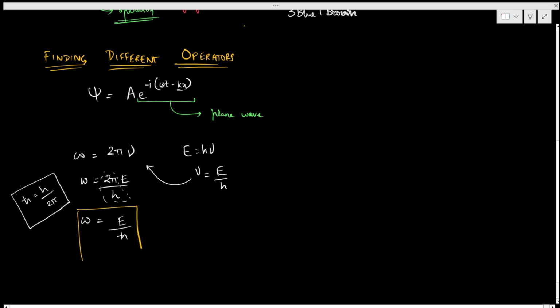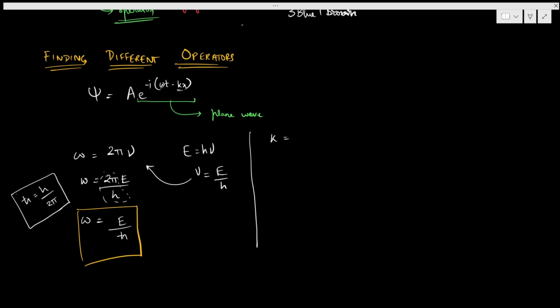Okay, so this is just one expression. We also have an expression for k like this. So k is our wave vector in this particular wave equation. Again, if you don't know what I'm talking about, that is just part of the standard wave equation, so you should probably check that as well.